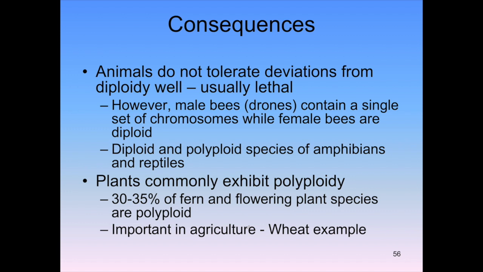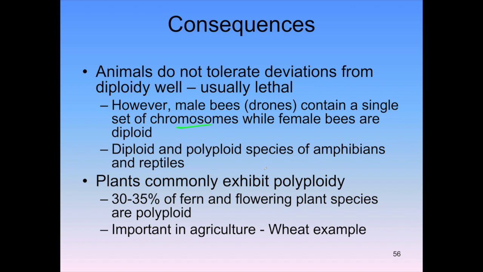So it's the only time she ever leaves the hive is to go mate with drones. Drones, once they have mated, die. They do not return to the hive after mating. So the only purpose for a drone bee is reproduction. So they don't have multiple copies of chromosomes. They just simply have a single set.